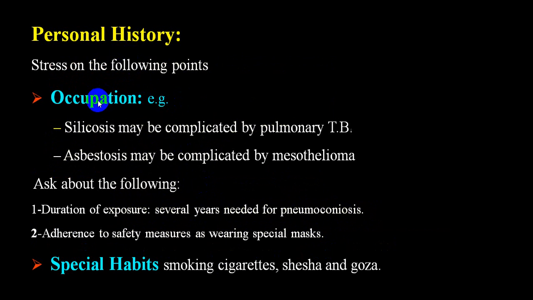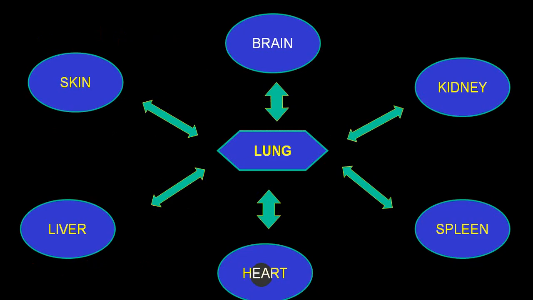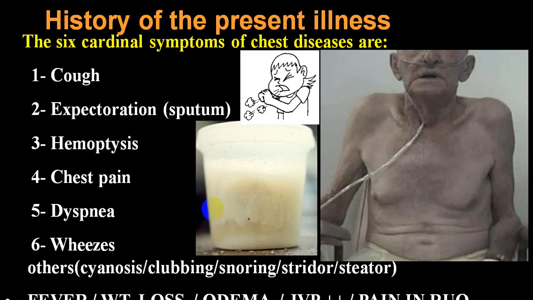We already mentioned occupation, then smoking, etc. is very, very important, and also exposure to pollutants. The lung can be affected by many factors, and the lung can affect the brain, kidney, spleen, heart, liver, as well as skin. So the lung is always an important organ.